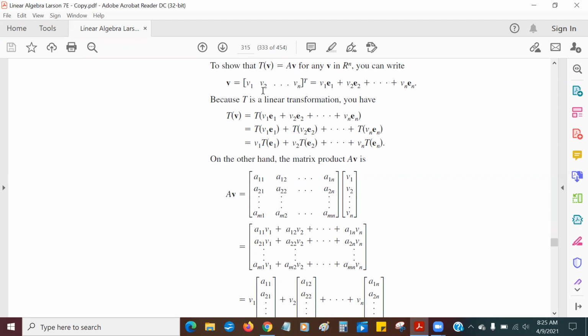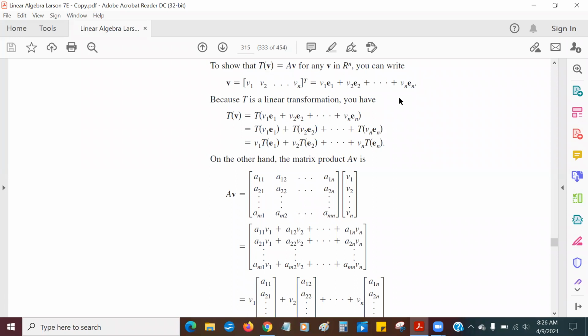Now remember, v1, v2 are all scalars. But this is really v1 times E1 plus v2 times E2, because it's v1 times 1 0 0 0 and v2 times 0 1 0 0. You see what I'm saying? Just like 2 comma 3 is really 2 times 1 comma 0 plus 3 times 0 comma 1. That's what this whole thing here means.